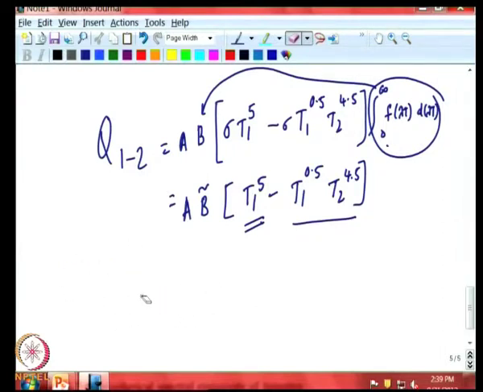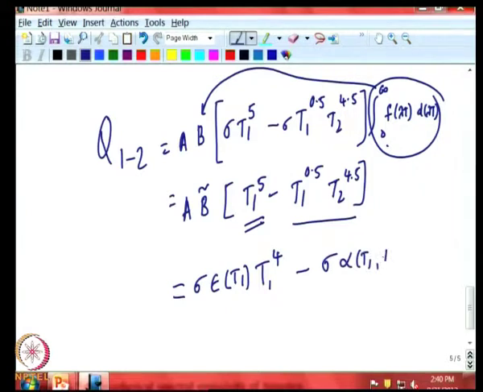So, we now write this very simply as epsilon function of T1 to the power of 4 into sigma, minus sigma alpha, a function of T1 T2, into T1 T2 to the power of 4.